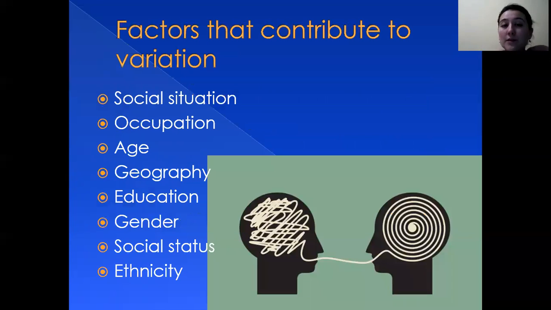So factors that contribute to language variation. This is social situation, occupation, age, geography, education, gender, social status, ethnicity.